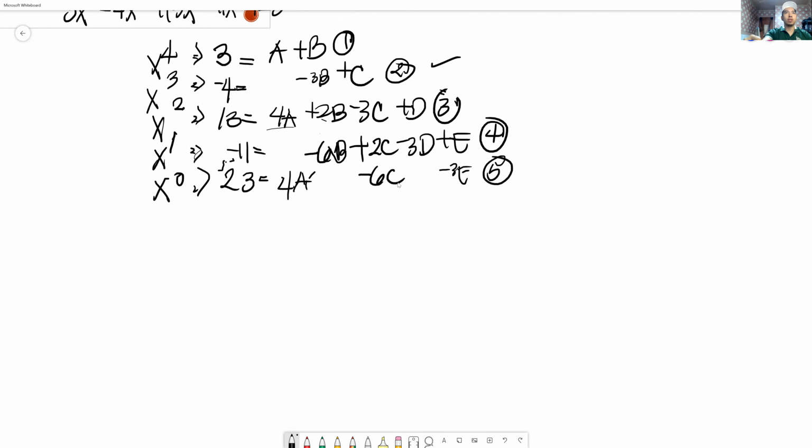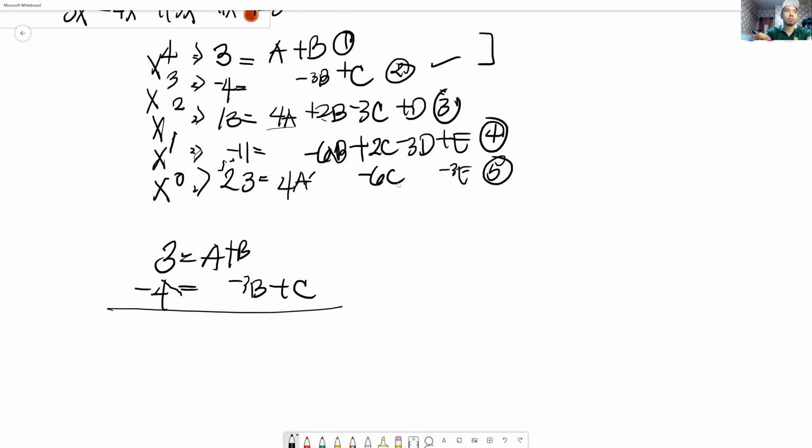Okay, so combining 1 and 2. So we have here 3 is equals to A plus B. And then we have negative 4 equals to negative 3B plus C. Multiplying 3 on the equation number 1, so we have here 9 is equals to 3A plus 3B.